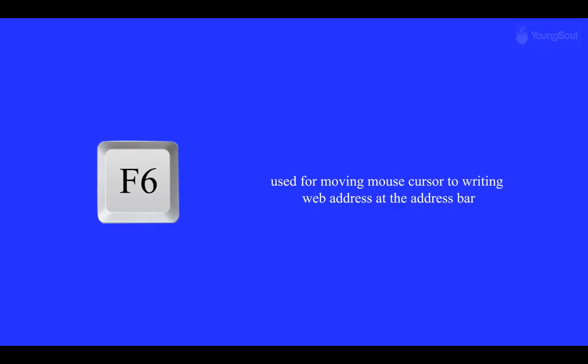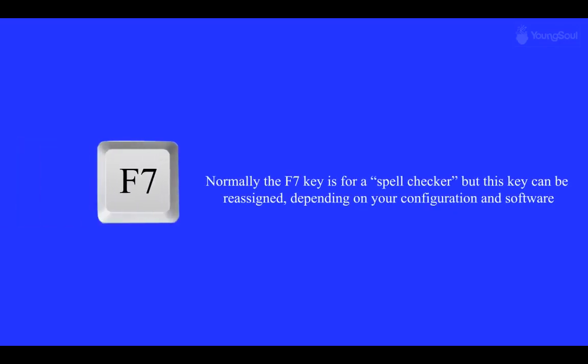F5. Used as a refresh key in many web browsers and other applications. F6. This key is used for moving the mouse cursor to the address bar for writing web addresses. F7. Normally, the F7 key is for the spell checker, but this key can be reassigned depending on the configuration and software.